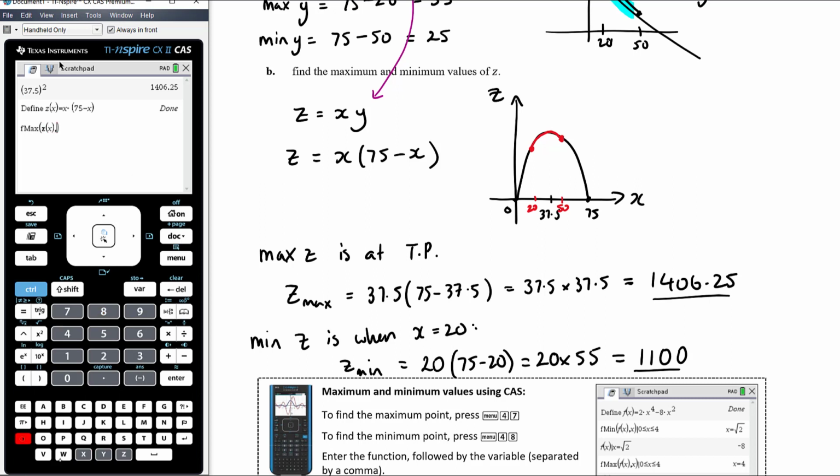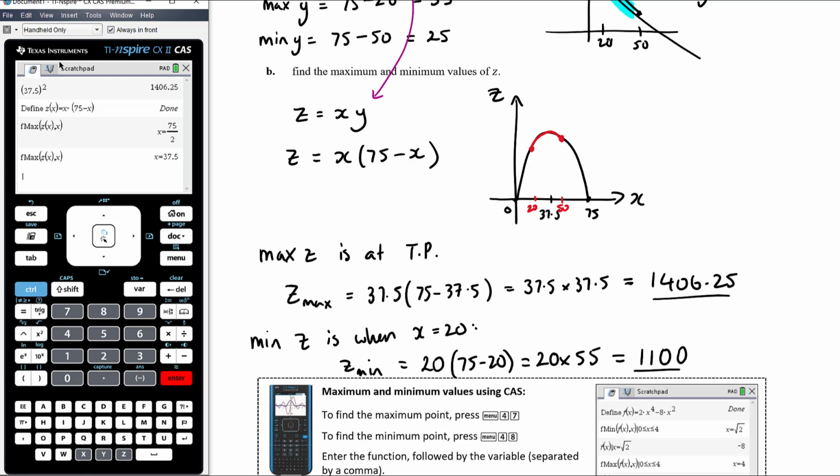Now you always need to put comma x, or comma whatever the variable in the function is, for fMax. And if I want to find the function max over a restricted domain, I'm going to give the domain. Now in this case, this is a quadratic, the graph never gets any higher than this, so that's actually the maximum of the function. So if I didn't put a domain, it would tell me it happens when x equals 75 on 2, which is 37.5.